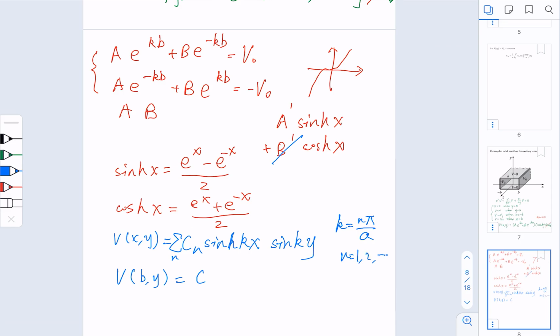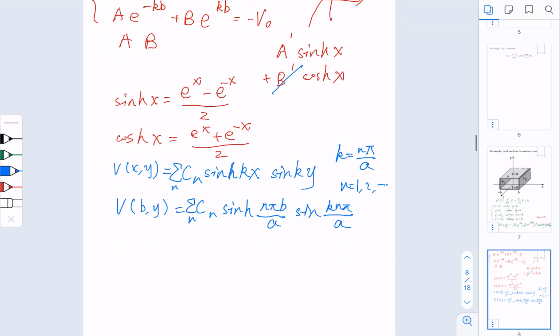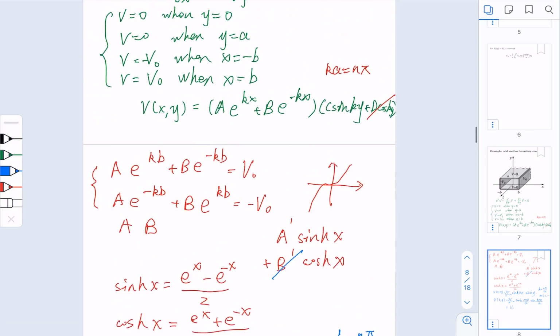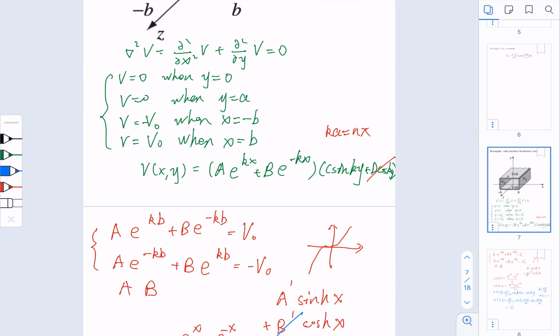Now let's plug in x equals b: C n sinh n pi b over a sine k n pi over a, and this thing should be v naught because of the boundary condition over here.